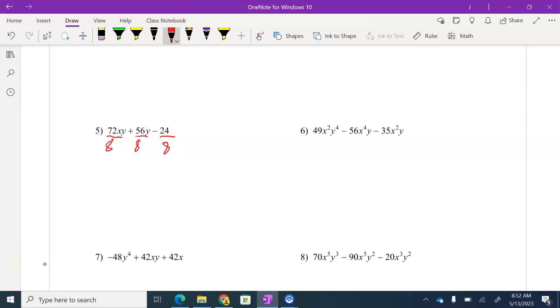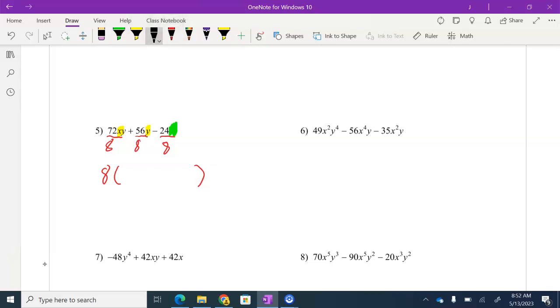And so once you take that 8 out, you have to see, is there any kind of letter or variable that I could take out? You'll see that you have an xy here, just a y here, and nothing here. So you cannot take a variable out because there's not one common variable among all three terms. So all you can take out of this one is 8.